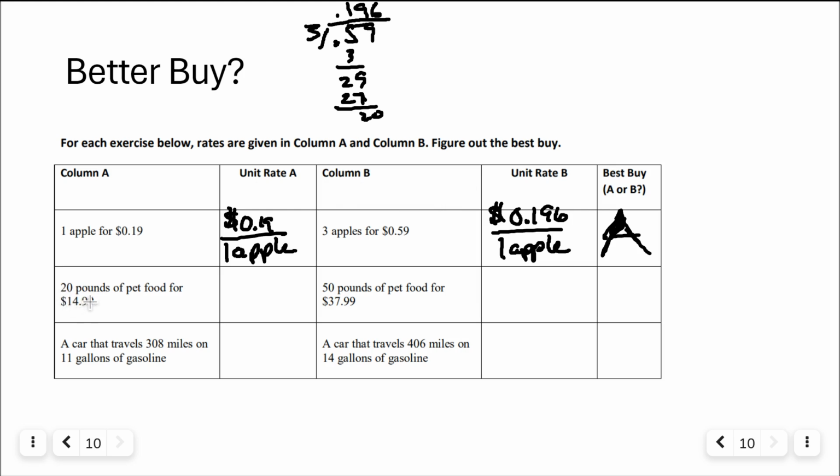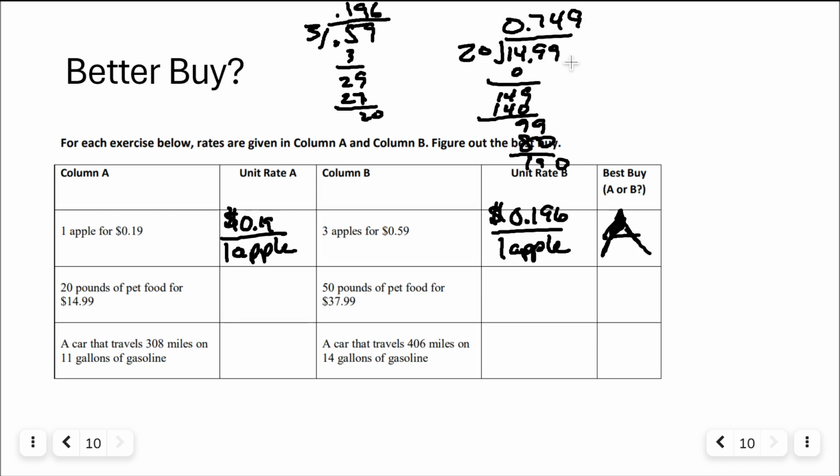Okay? 20 pounds of pet food for $14.99 versus 50 pounds of pet food for $37.99. All right, so we're going to do 20 into $14.99. 20 does not go into 14. 20 does go into 149 7 times. 20 goes into 99 4 times. 20 goes into 190 9 times.